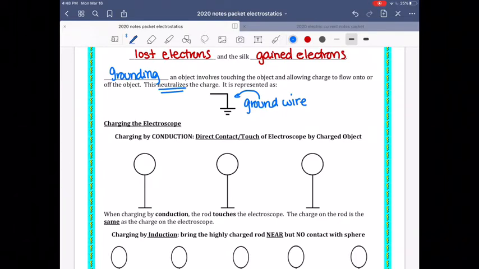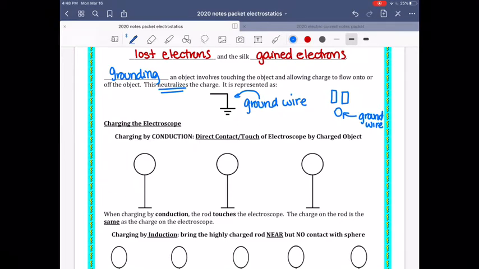So if you have an expensive piece of equipment, it usually has a ground wire on it because you don't want to short out your expensive equipment. So it allows a path for extra charges to flow. So if you look at those plugs, that round one on the bottom, that's the ground wire. And in your house, that is connected directly to the ground, like the circuitry through your house.